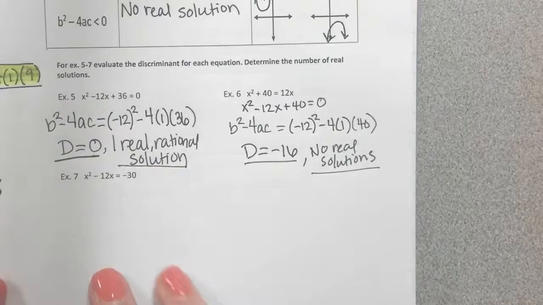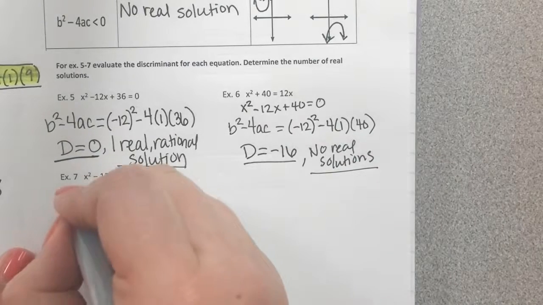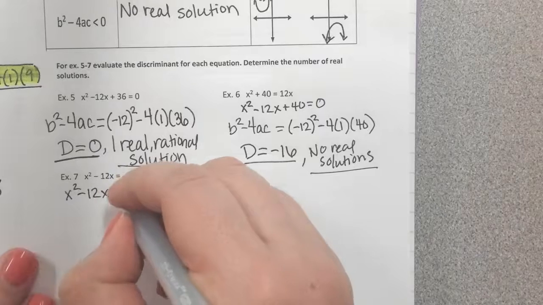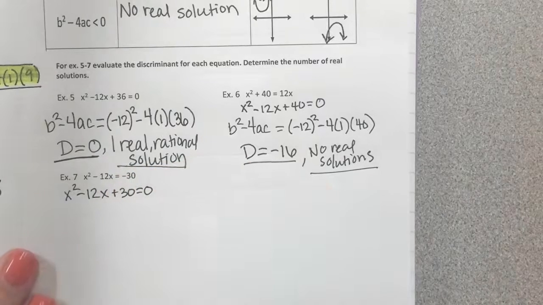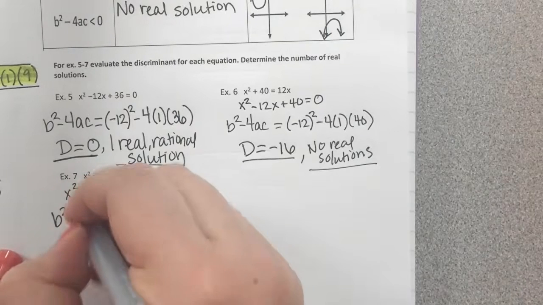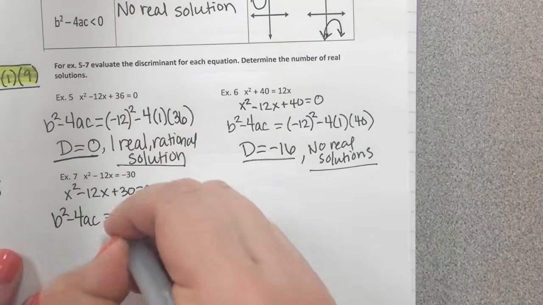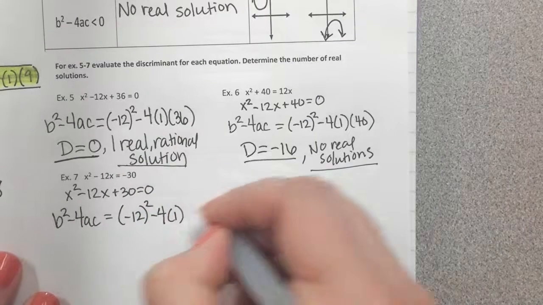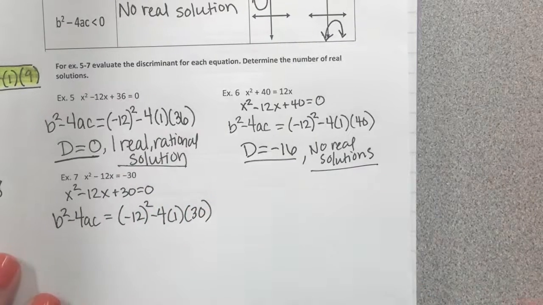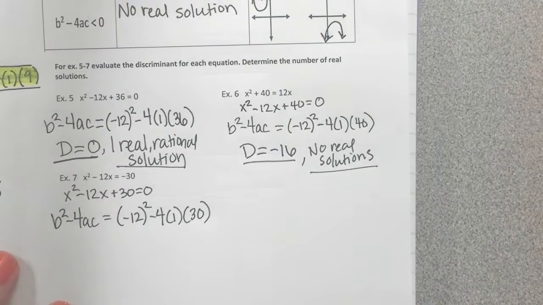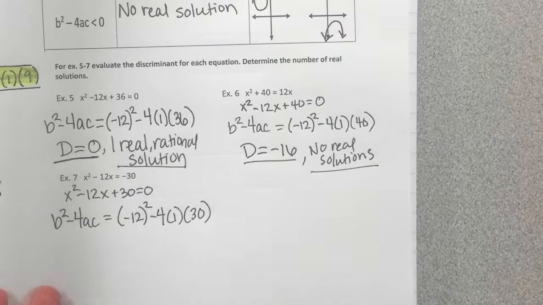All right, that's x squared minus 12x plus 30 equals 0. So b squared minus 4ac is going to equal negative 12 squared minus 4 times 1 times 30, which is 24.